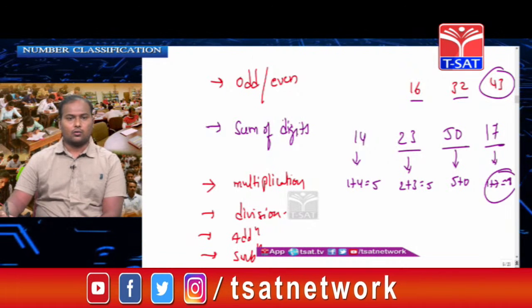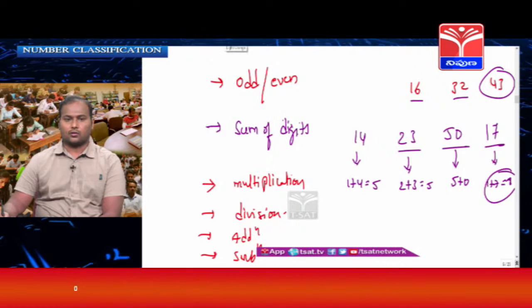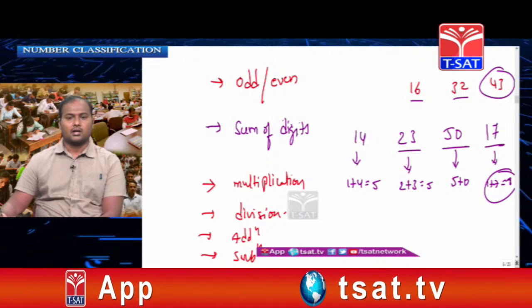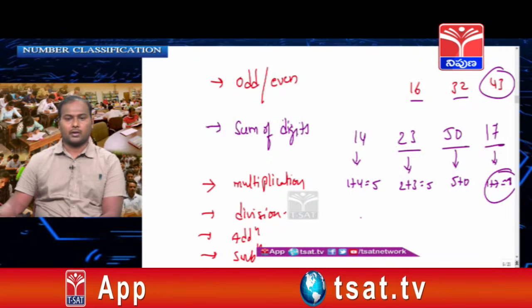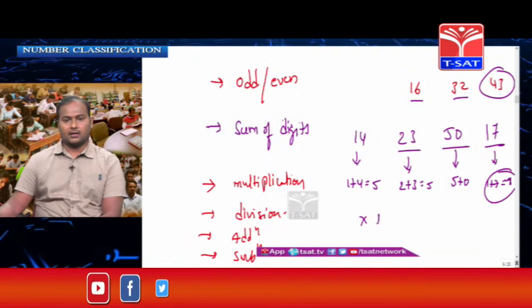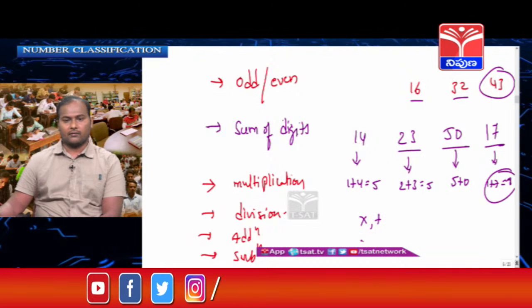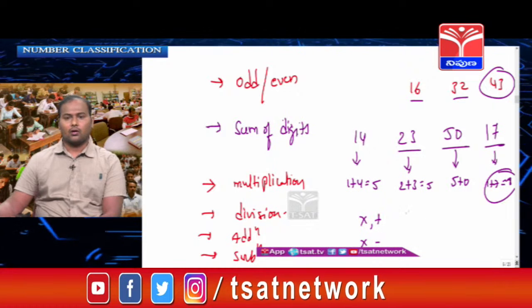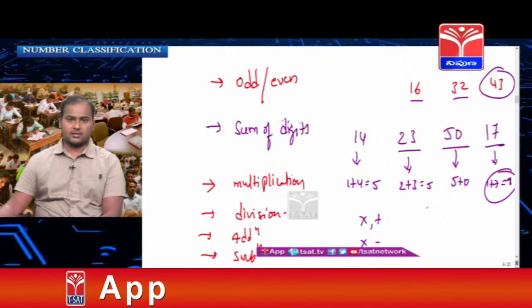Not only this, to make the question difficult, what will the examiner do? He starts combining all this stuff. For example, he will try to combine addition and multiplication. So first he will multiply and then he will add, or he will multiply, then he will subtract, or you have additions and subtractions as well.